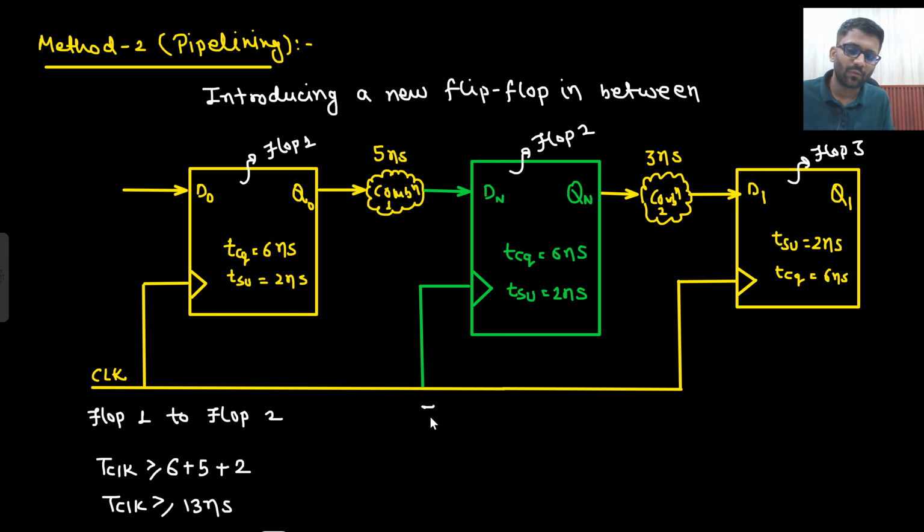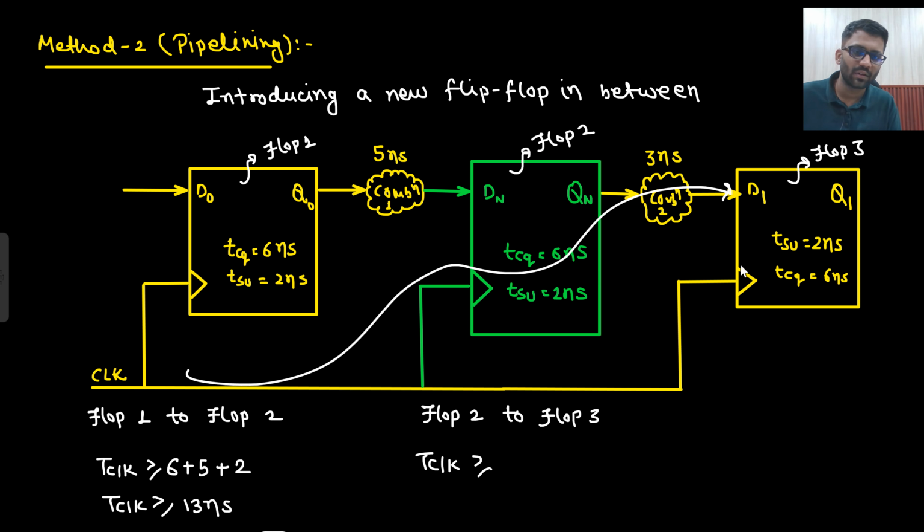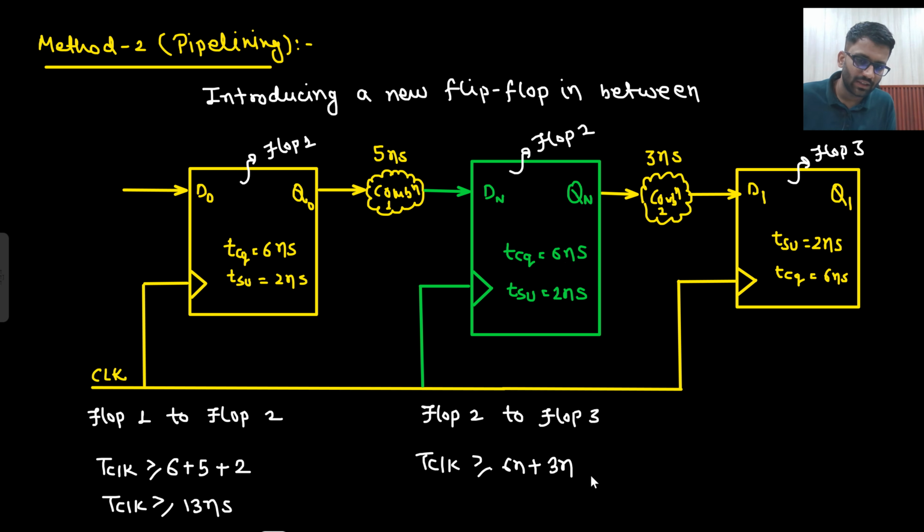And if I go from flop 2 to flop 3, I will work from the clock to here. There is no skew, so directly: 6 nanoseconds plus 3 nanoseconds plus setup time of 2 nanoseconds. So T clock should be greater than 11 nanoseconds.